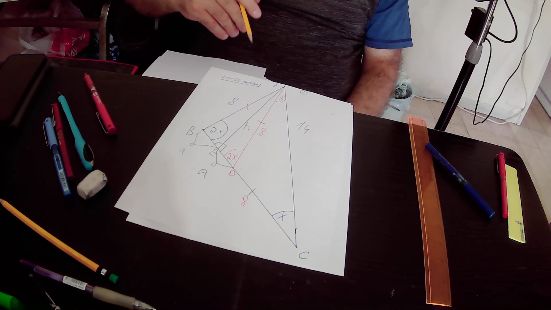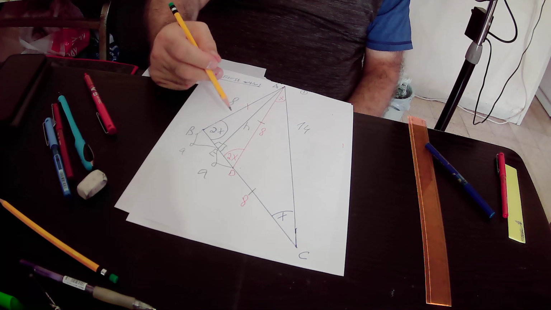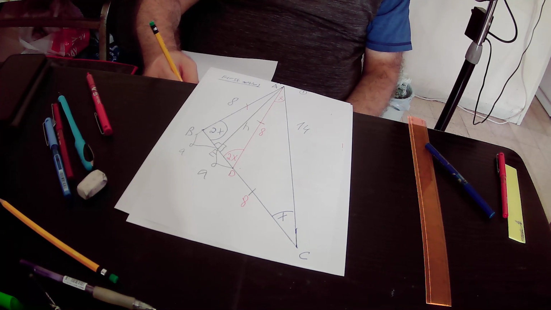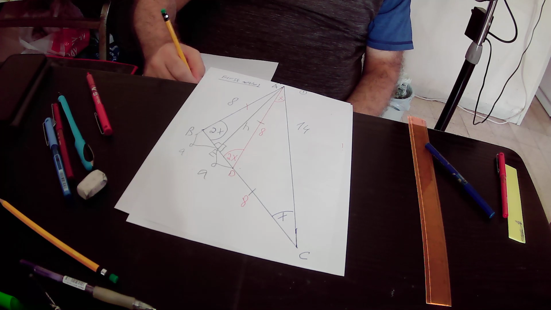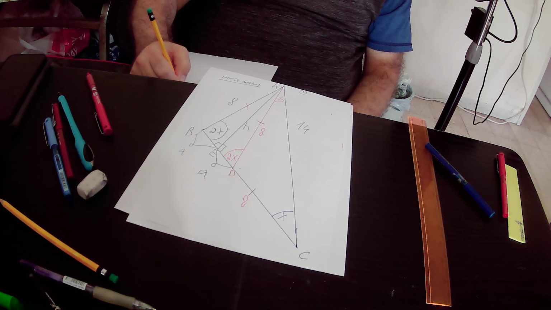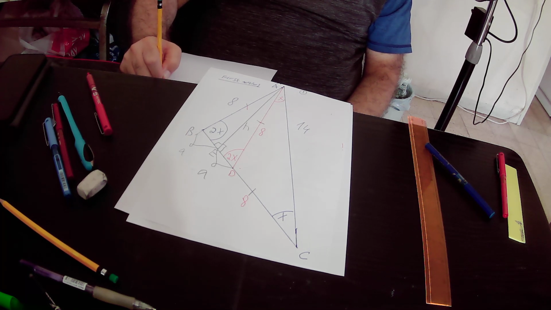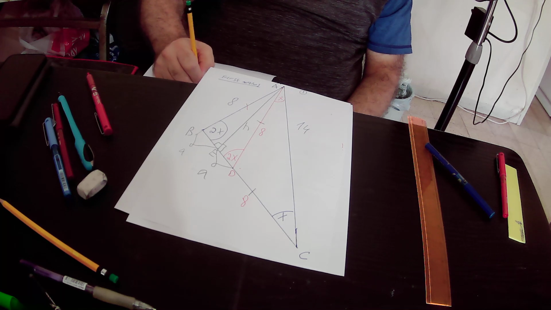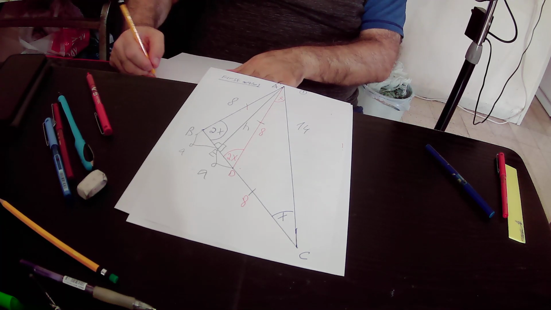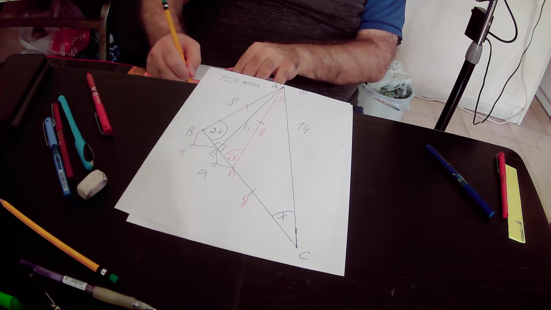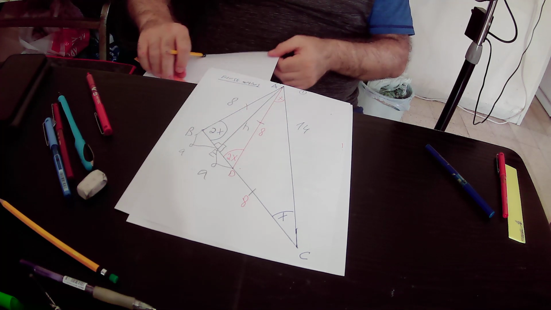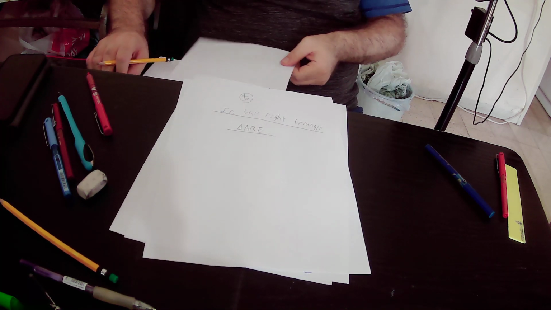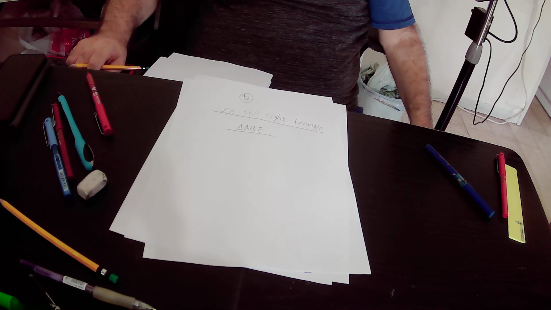Okay, so if we relate to the right triangle, triangle ABE, in this right triangle, we can implement the Pythagoras theorem.